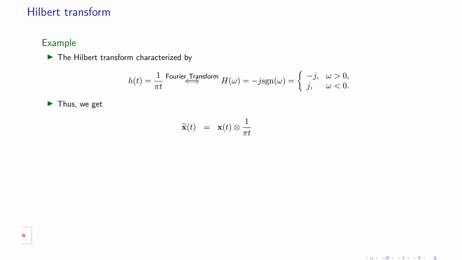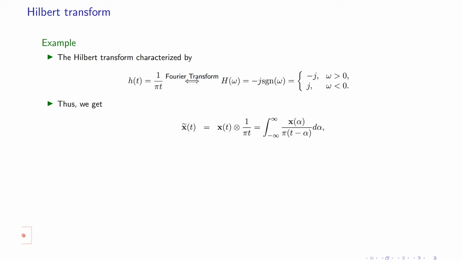Now the output is called the Hilbert transform of x of t. It's just a simple LTI filter which you convolve with 1 over pi t, and it is given by this integral.